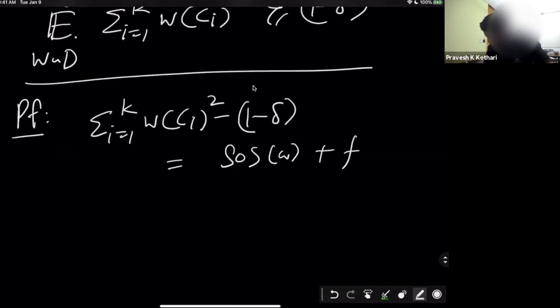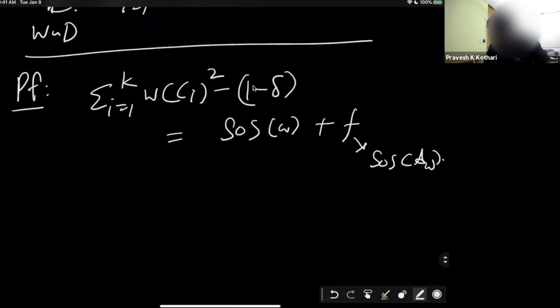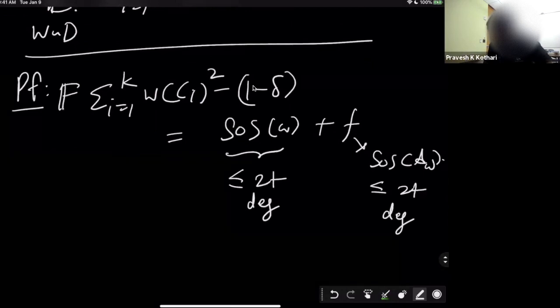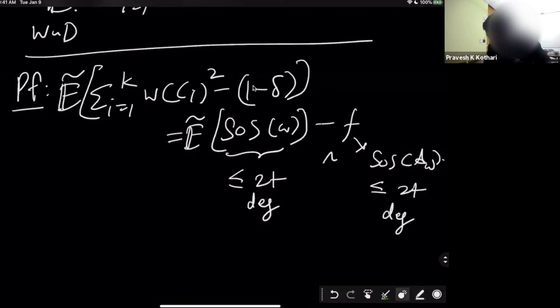And all of these are polynomials of degree at most 2t. So in order to compute expectations of the right hand side, I can compute the expectations of the left hand side.